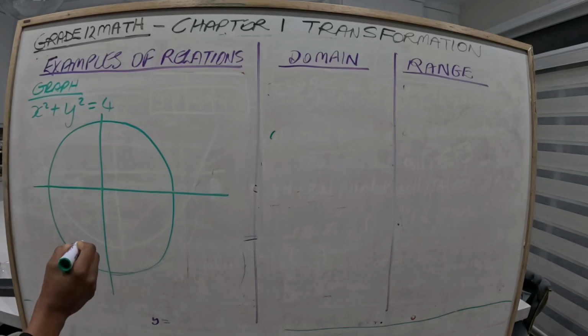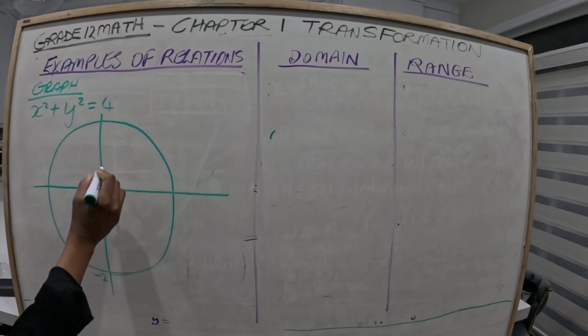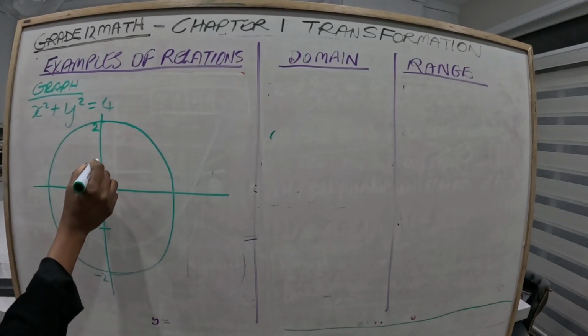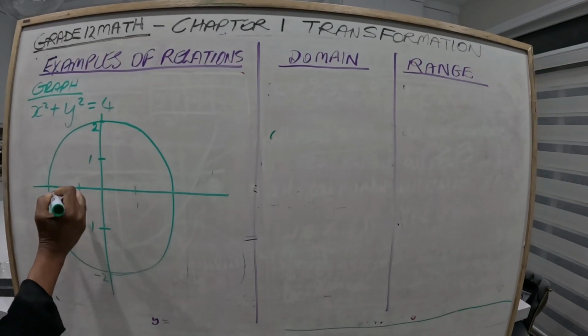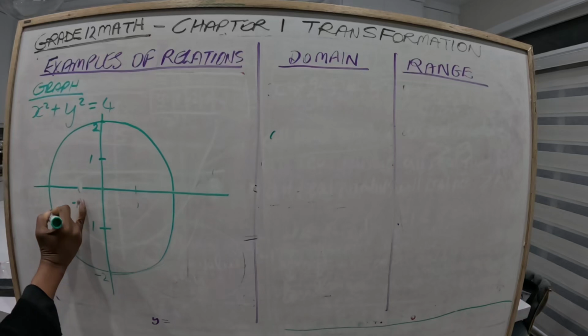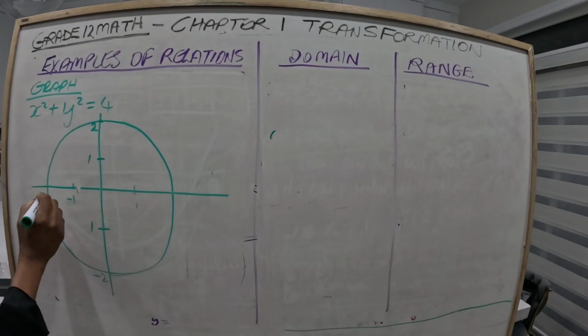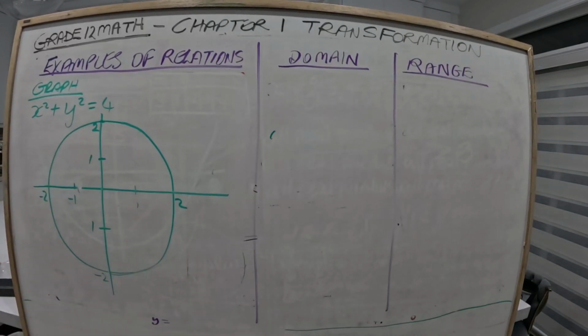So I'm just going to call that negative 2. This is 1. This is positive 2. This is 1, negative 2. Sorry, negative 1. This is negative 2. This is 2. Okay?